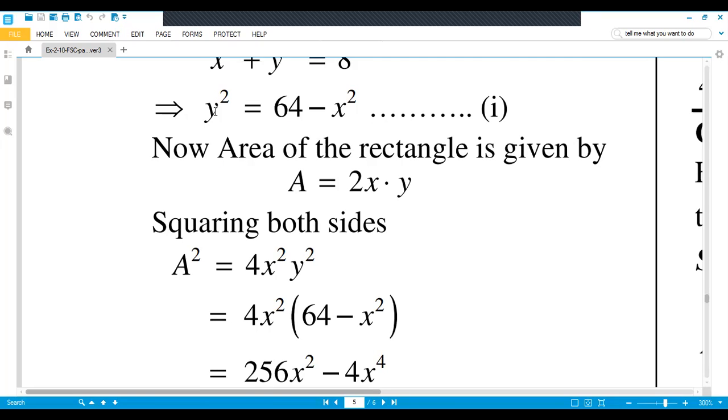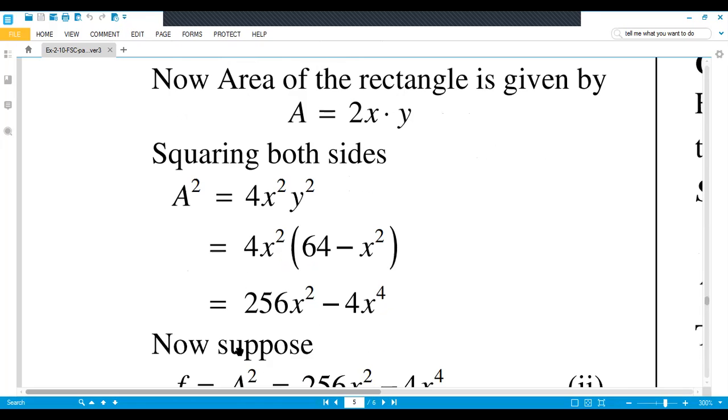Because here we have the value of y square, not y. So to find y square, we take the square on both sides. We put the value of y square from equation 1 into this area, so 4x square multiplied with 64 minus x square, and we get this value.